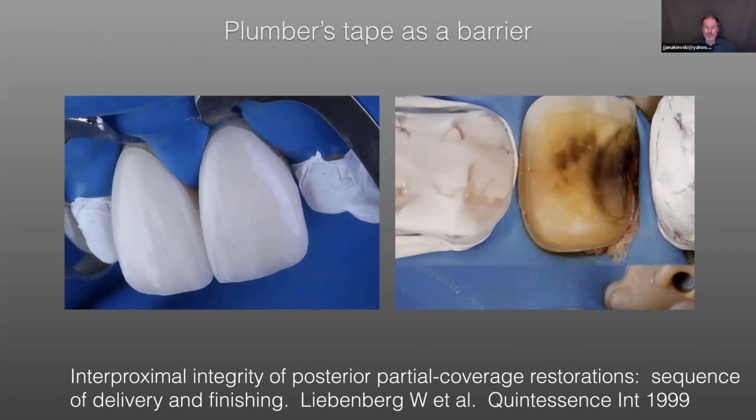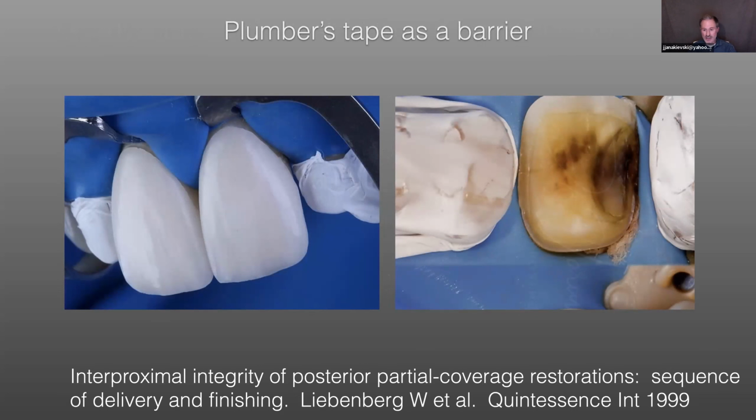So where did we start off in dentistry with plumber's tape? It really started back, I would say, in the 90s when bonding protocols were evolving. One of the early uses of plumber's tape was to prevent getting etch on the adjacent teeth when you were bonding restorations in place.